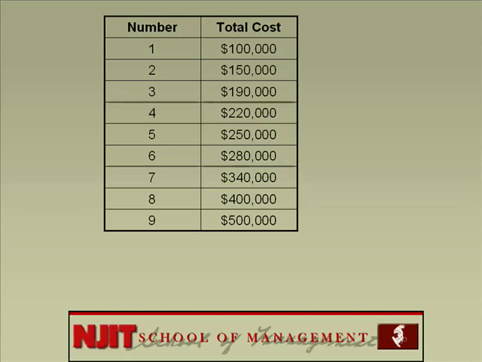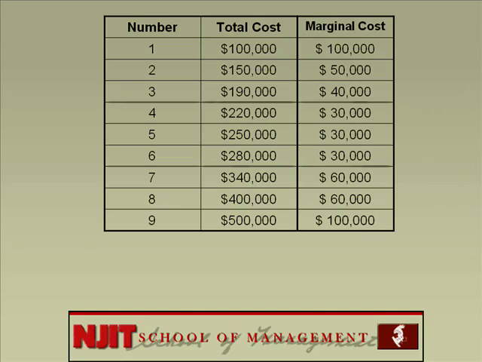And I copied this from the table. So the marginal cost would be, for the first unit, it's 100,000. For the second unit, 50,000. For the third unit, 40,000, and so on.